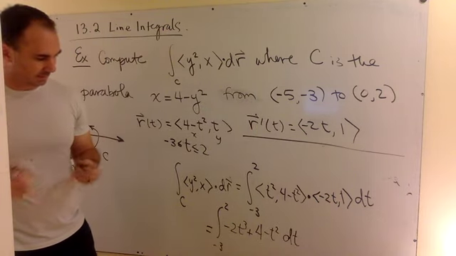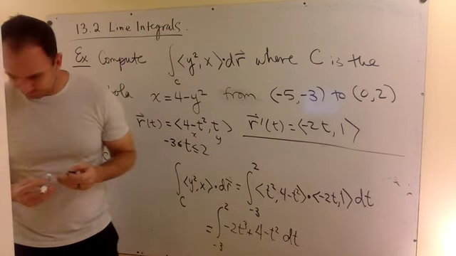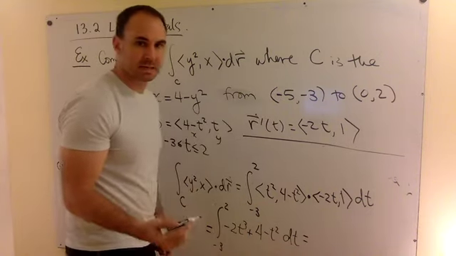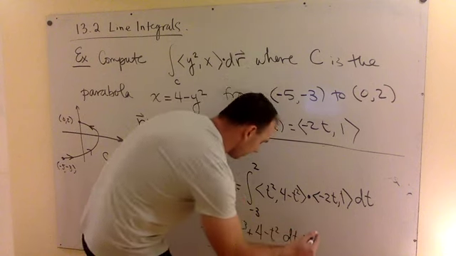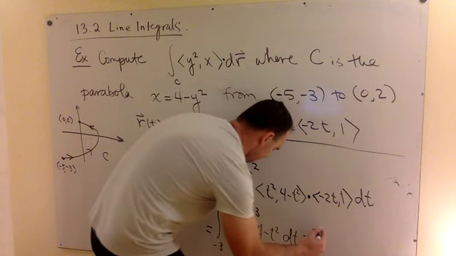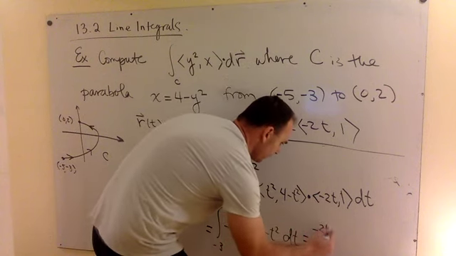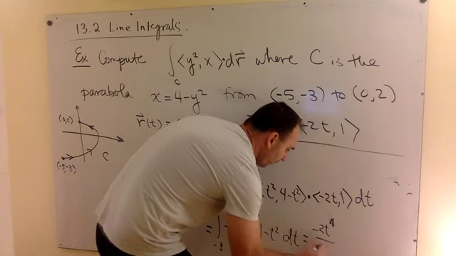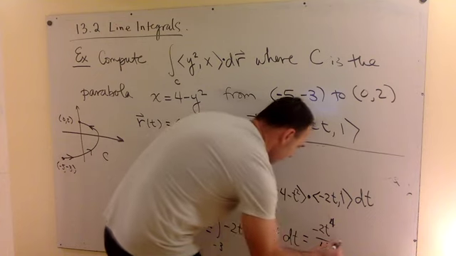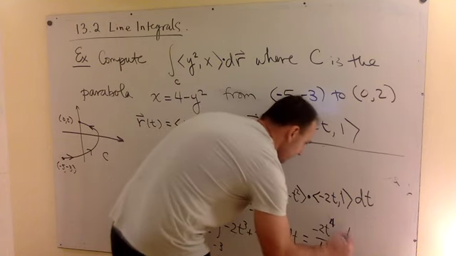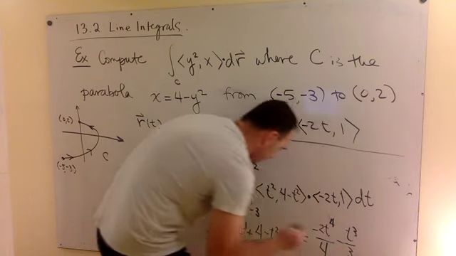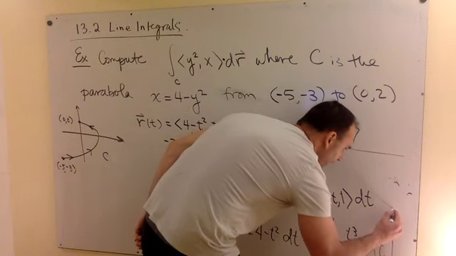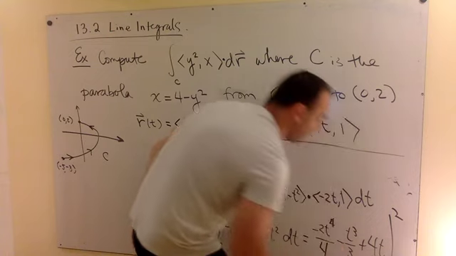Alright, and well, I'm about out of space here, but let me just write down at least the integral. So this is -2t to the 4th over 4 minus t cubed over 3, and then plus 4t, and I need to evaluate that at 2 and -3.